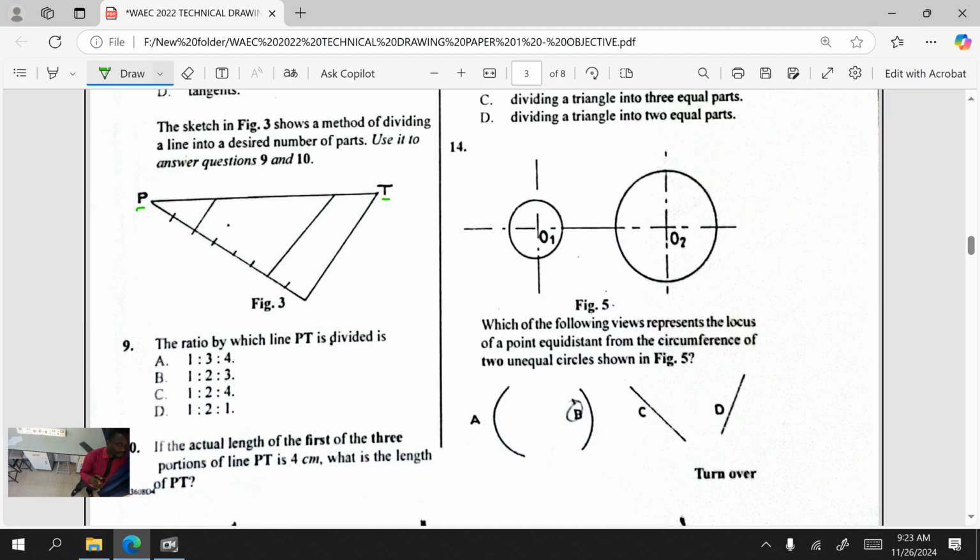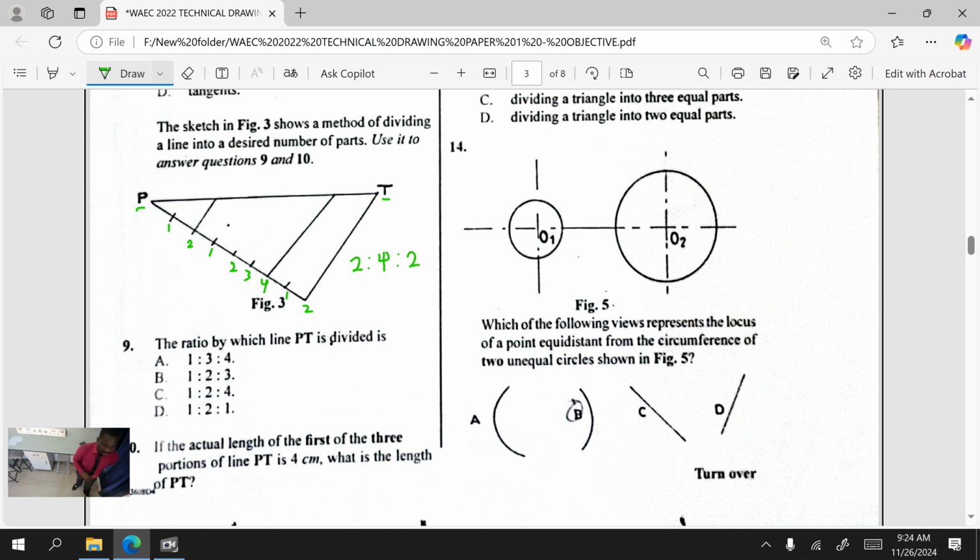So let's count. First, you have to count to know the division. We have 1 here, we have 2. The second division is 1, 2, 3, 4. The third division is 1, 2. So let's write out the ratio. The ratio is 2, 4, 2.